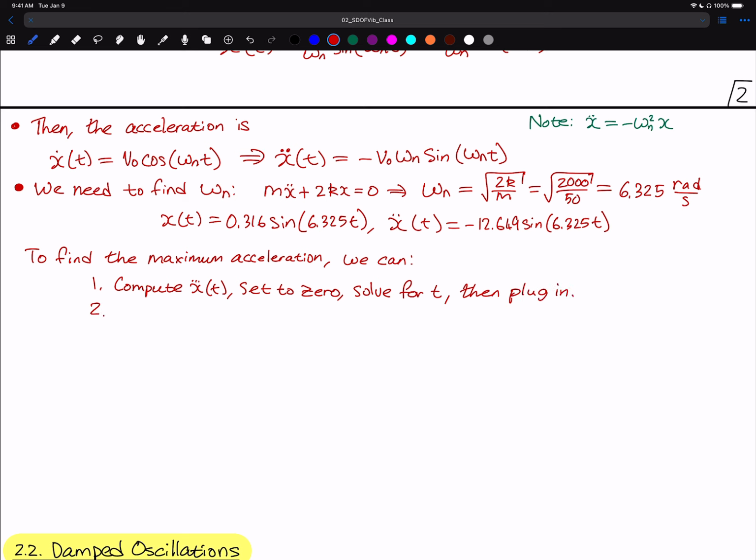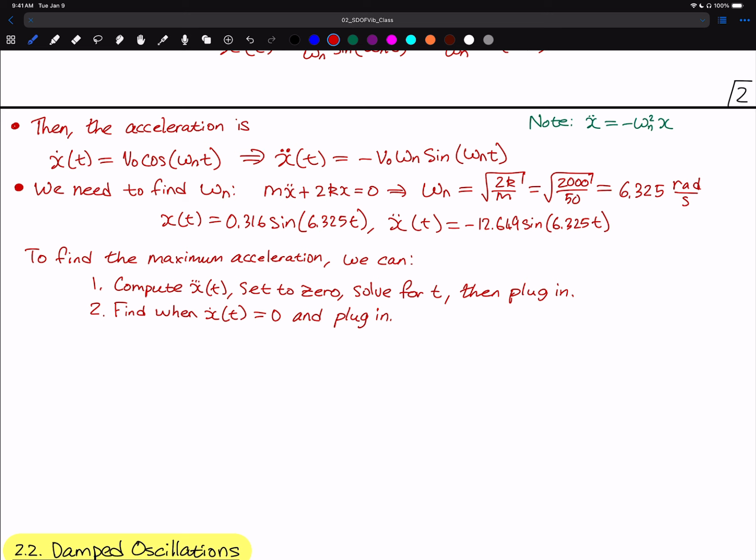Second, we can find the time when x dot of t is equal to 0, and we can plug that value of time in. That's because when the velocity is 0, both the displacement and the acceleration will be maximized.